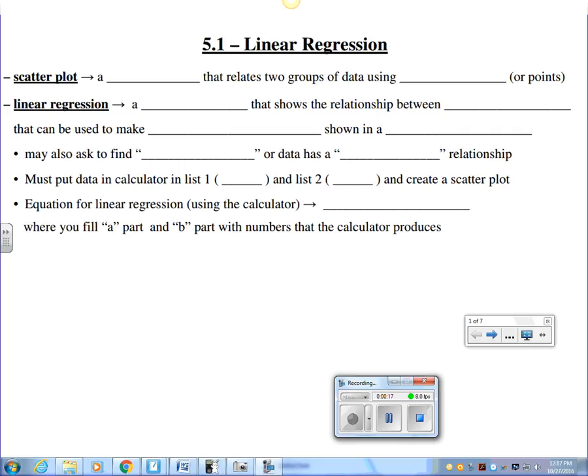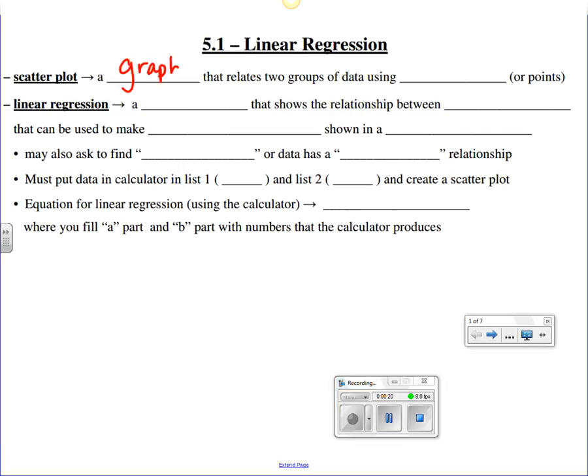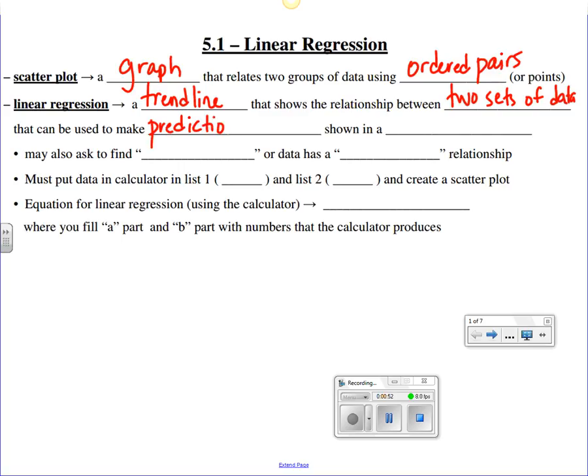A scatter plot is a graph that relates two groups of data using ordered pairs, otherwise known as points. Linear regression is a trend line that shows the relationship between two sets of data that can be used to make predictions shown in a scatter plot.